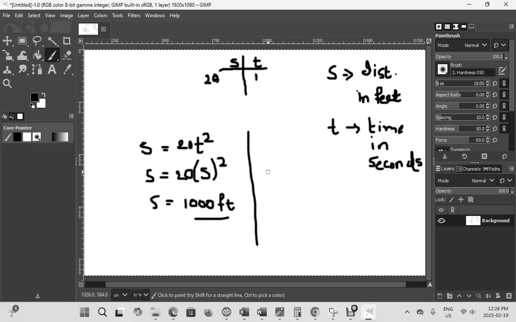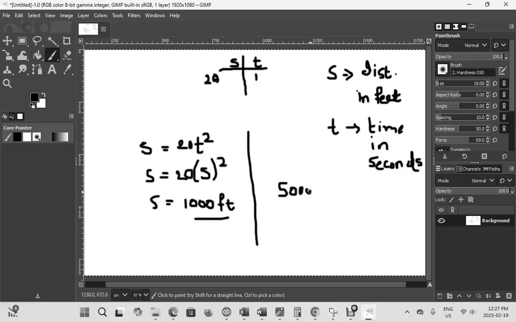You can do the same for the time. You want to figure out how long it might take you as a skydiver to cover, for example, 500 feet. Let's say you want to figure out your T and S is 5,000 feet.